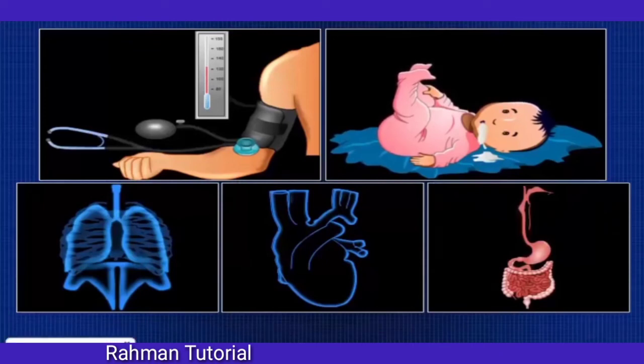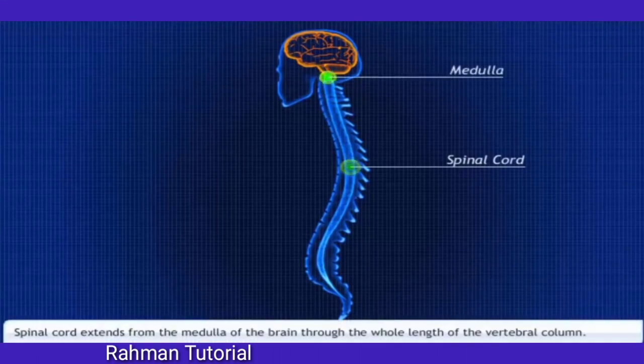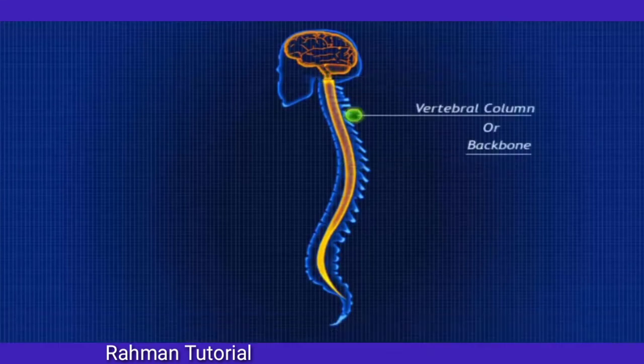The next part of the central nervous system is the spinal cord. The spinal cord extends from the medulla of the brain through the whole length of the vertebral column and is protected by the vertebral column or backbone.